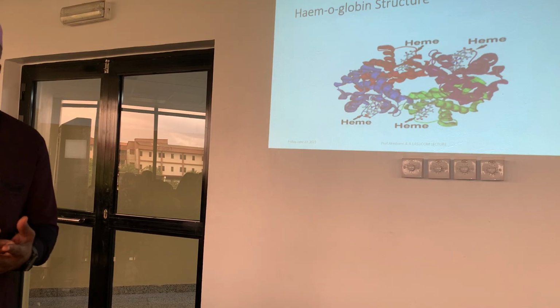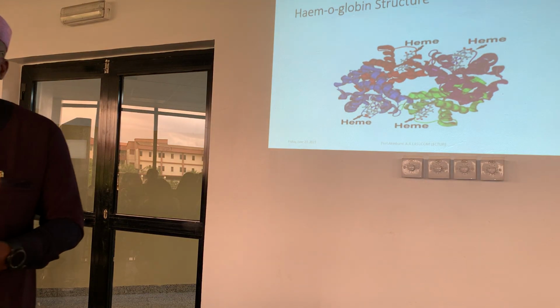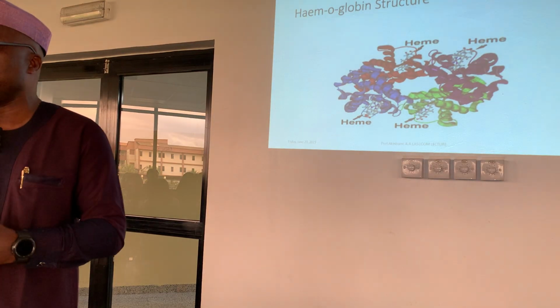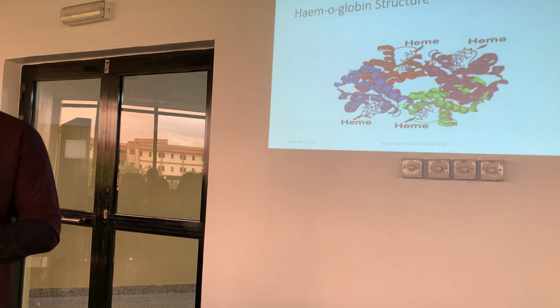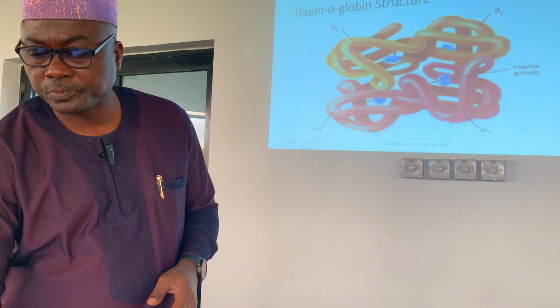Ordinarily it should be Fe2. So if it's in Fe3, it's also an abnormal form of hemoglobin. You could also have sulfhemoglobin if there is sulfur in the hemoglobin. It also is another type of abnormal hemoglobin.